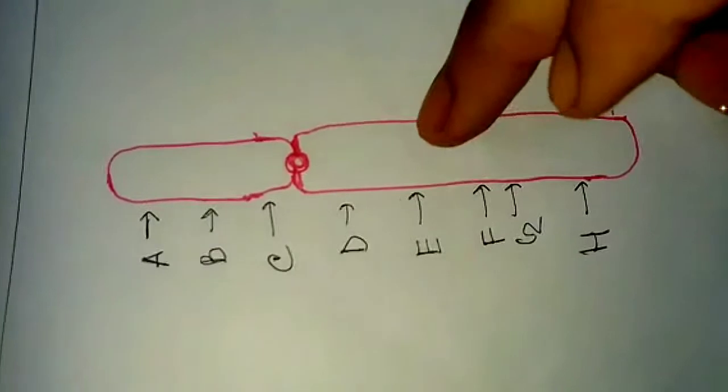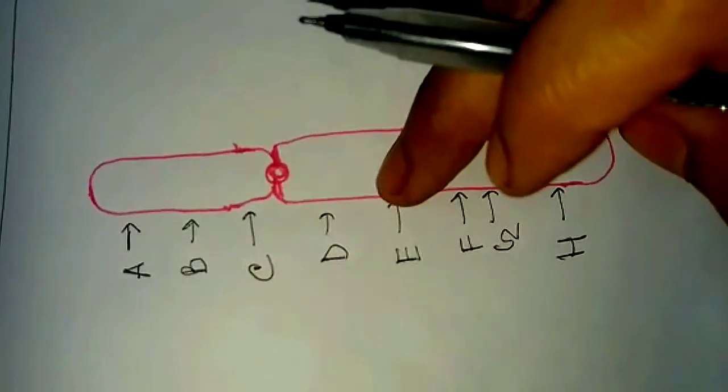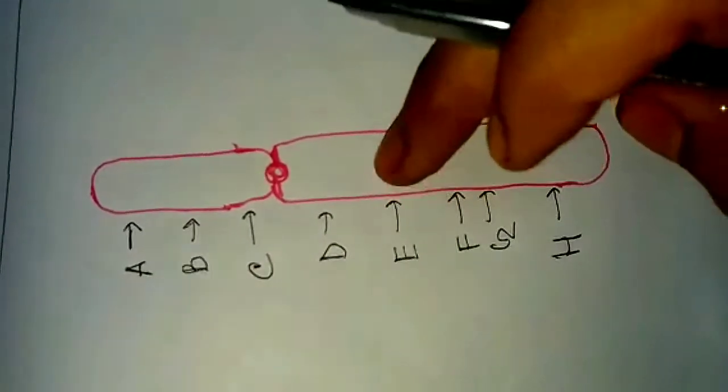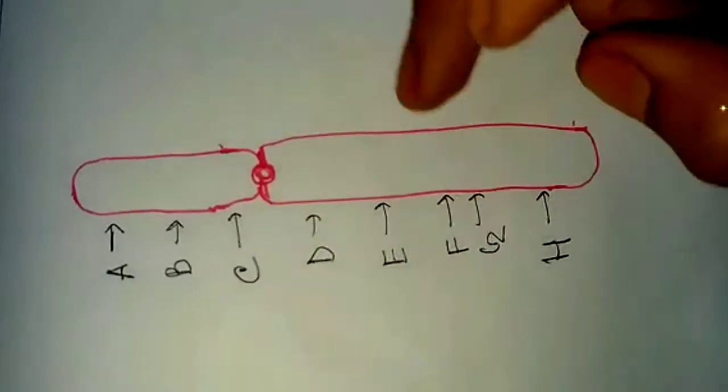And similarly, the chances of chromosome breaking between the E and F will be higher than the chromosome breaking between the F and G.